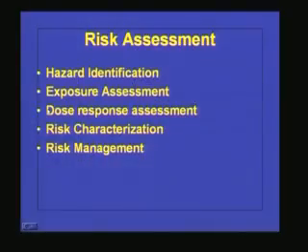The third is dose response assessment. We know what the hazards are and what the potential exposure is. If you know these things, we can find out the dose response of the pollutant, because if this much concentration enters the body, what is the effect in the body. Then we can find out the risk, and once you know the risk, we can go for risk management.